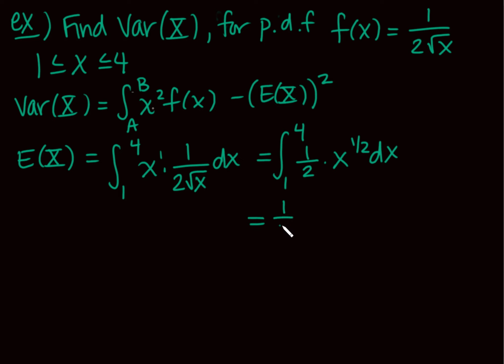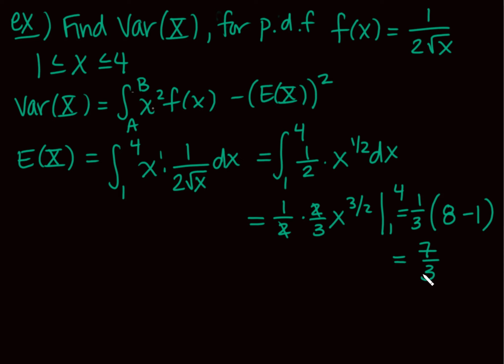I get 1/2 times 2/3, I believe, x to the 3/2 evaluated from 1 to 4. So if I cancel those 2's, I get 1/3 times 4 to the 3/2. I square root the 4, it's 2. 2 cubed is 8. And then I'm going to subtract 1. So it looks like I get my expected value to be 7/3.